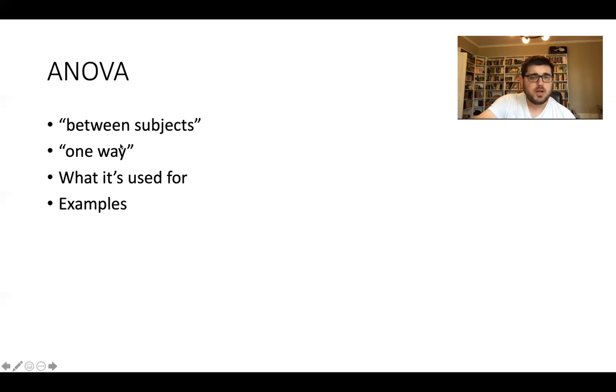We call it a one-way ANOVA because there's one factor. So you're testing the difference between 3 or more sample means, and these 3 sample means are different along the same category or the same factor. So it can be who has more satisfaction with their degree. Is it business majors, nursing majors, education majors, social science majors?